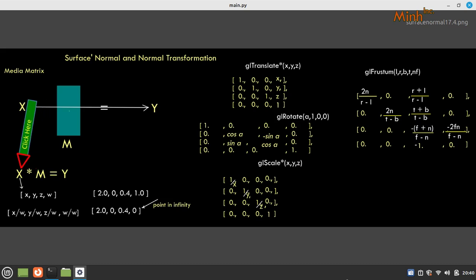But here in OpenGL, X is nothing but a coordinate and the media is nothing but a matrix. So a coordinate, if it passes through a matrix, changes. Which matrix depends upon what we want: from translation to rotation to scale and then perspective projection. That is the story.